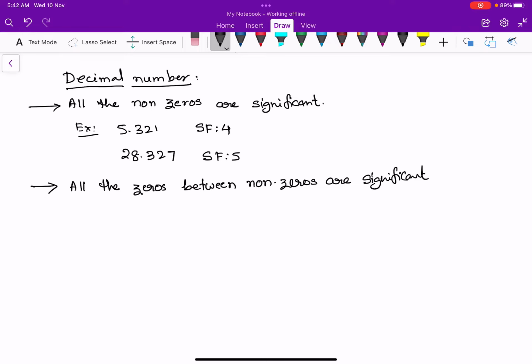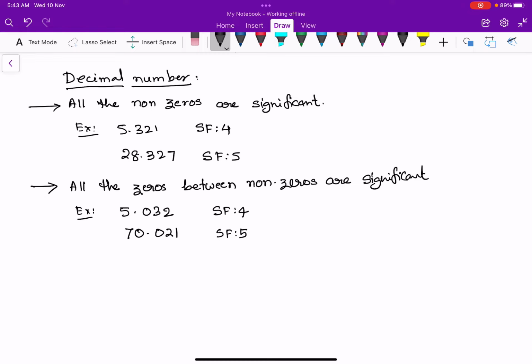What is the meaning of it? Another example: 5.032. Significant figures are 4 here. 70.021. These zeros are there. Now significant figures are 5. So zeros that exist between non-zeros in a decimal number are considered.